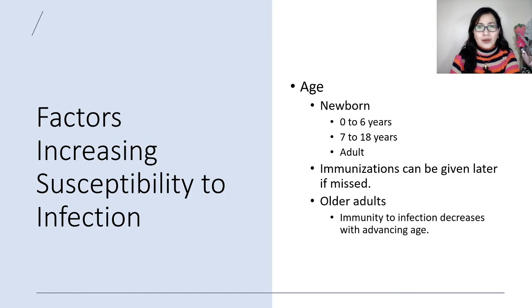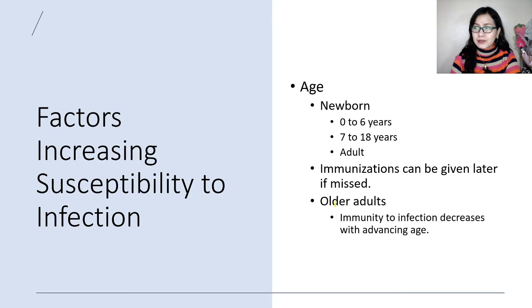Okay, so we also have here age. We've mentioned a while ago as part of the variables, the age. Take note that newborns and older adults have reduced defenses against infection. Newborns have immature immune systems and are protected for the first 2 or 3 months, okay, by immunoglobulin passively received from the mother.